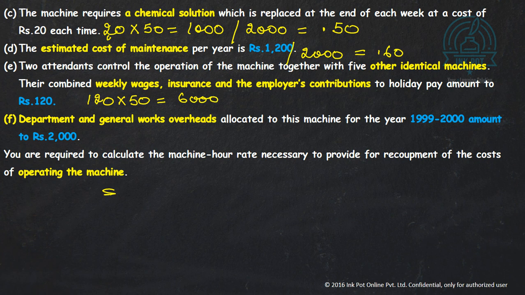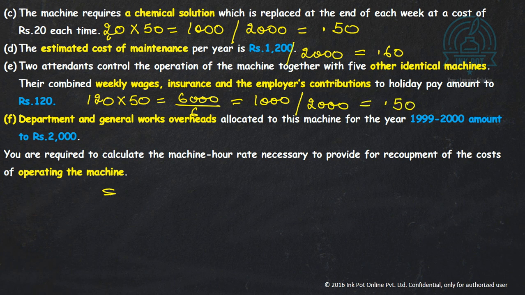And this is for 6 machines. So divided by 6, you get the per machine annual cost, which is equal to 1000. Now divide this 1000 by productive hours, which are 2000. You will get 0.50.